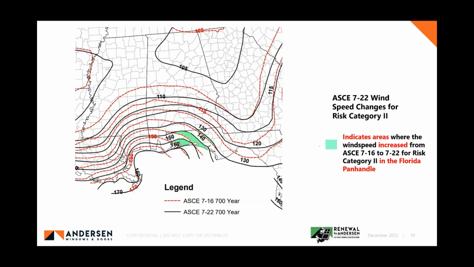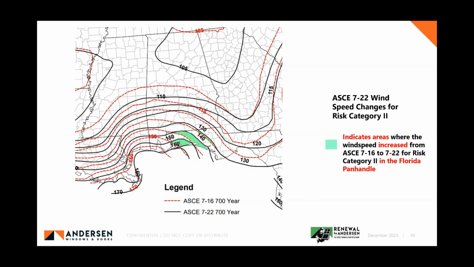This graphic here is an overlay of the risk category 2 wind speed map for ASCE 7-22 onto the map for ASCE 7-16. The red dash contours are the ASCE 7-16 contour lines, and the black contours are the ASCE 7-22 contour lines. So you can see in the Panhandle area, wind speeds have increased slightly.